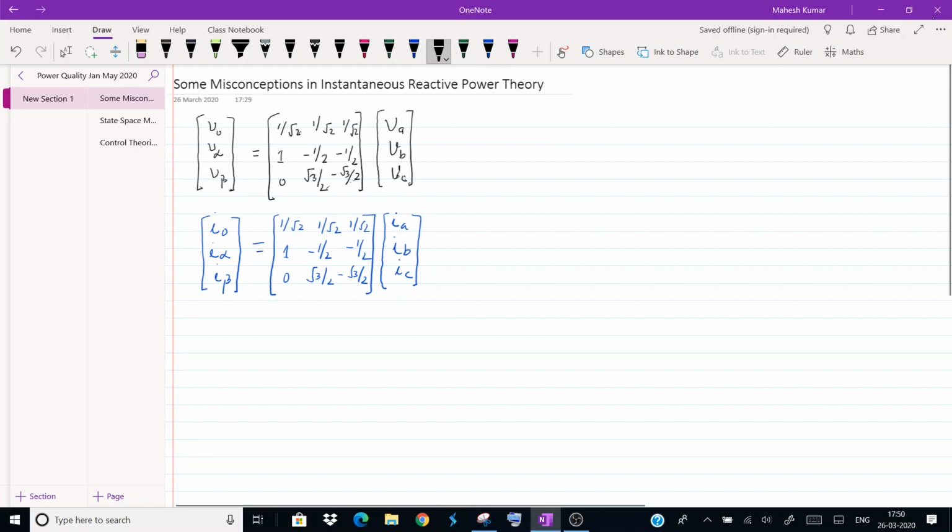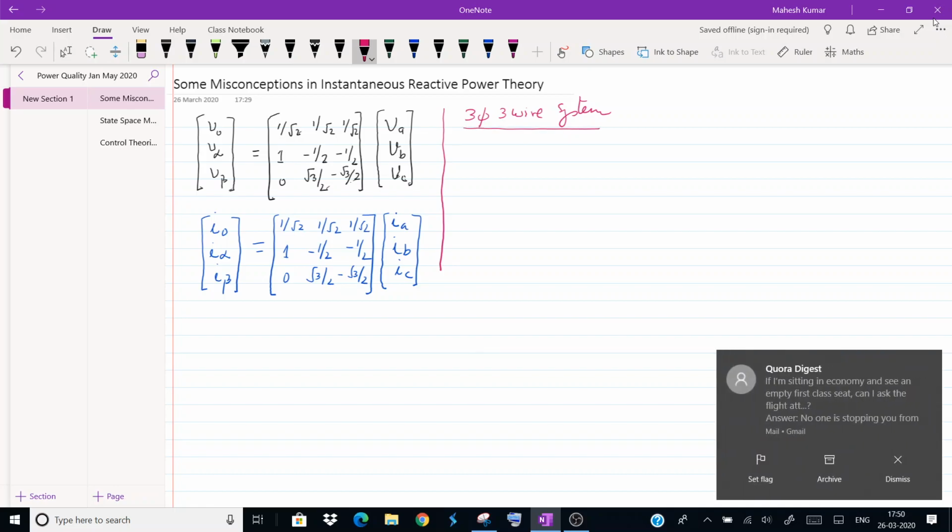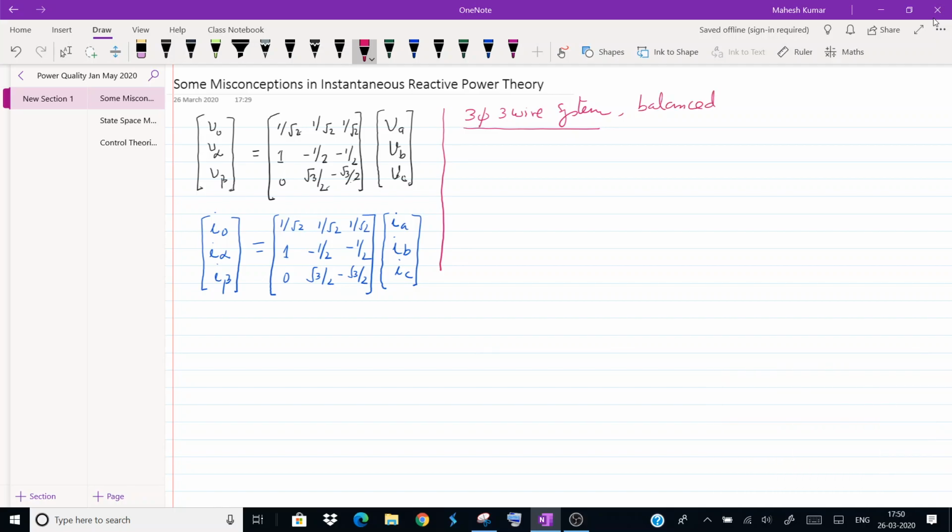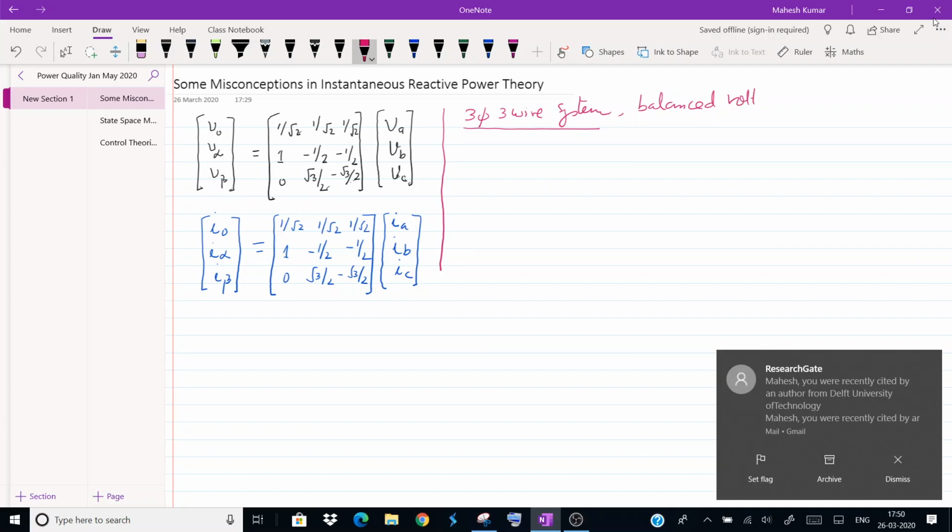Now since we have a three-phase, three-wire system, the voltages are balanced and they have a fundamental component. So balanced voltages with fundamental frequency.